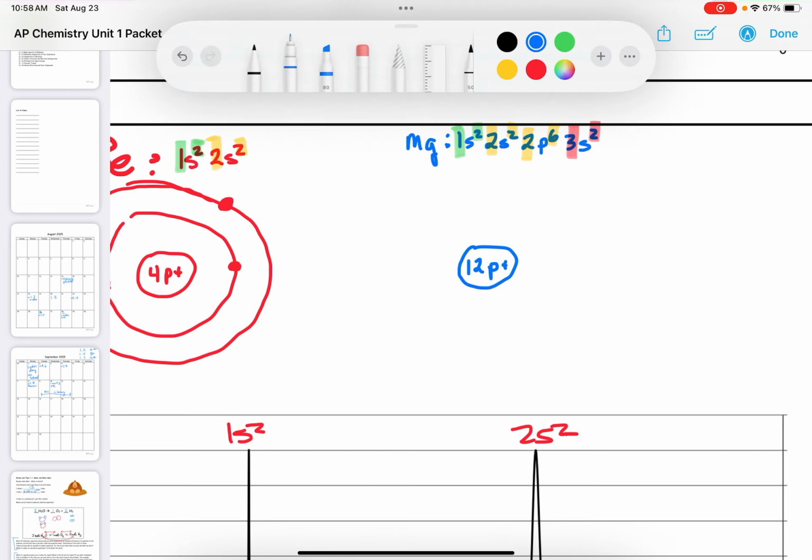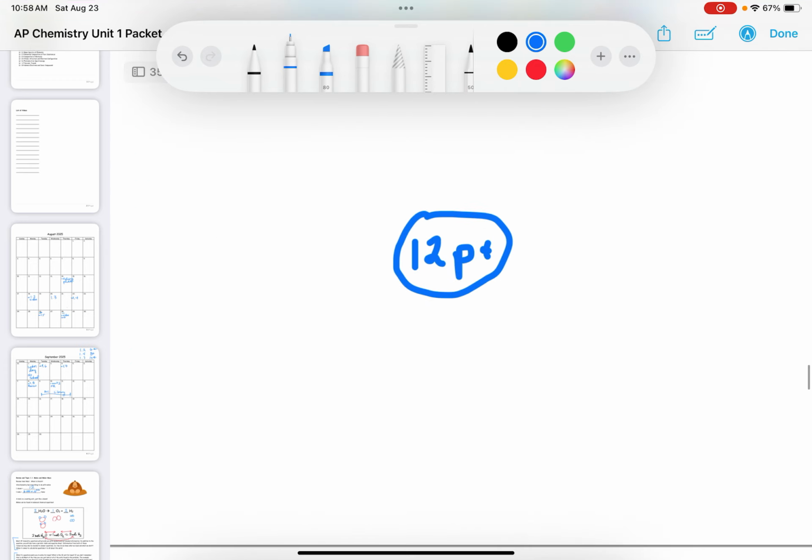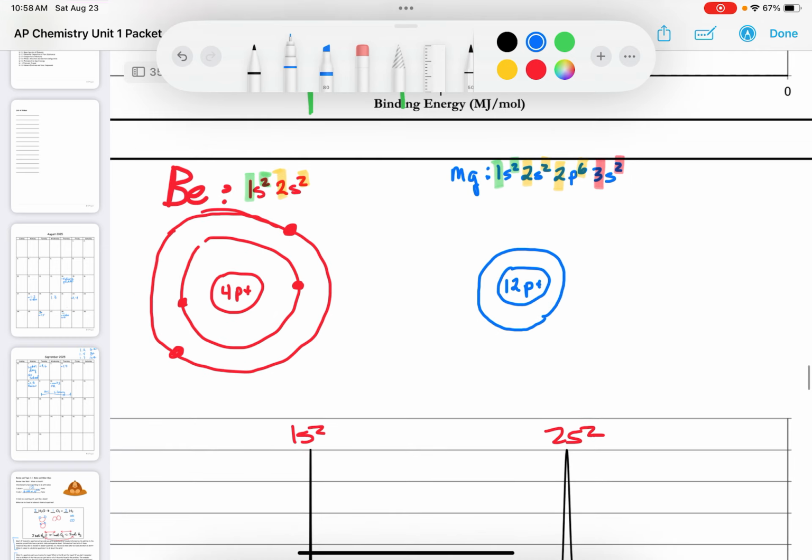The first thing I'm going to do is this n equals 1 energy level is going to be closer into the nucleus than the one for beryllium. And that's also going to be true for the second. The second energy level is going to be closer to the nucleus. One more time, closer to the nucleus.